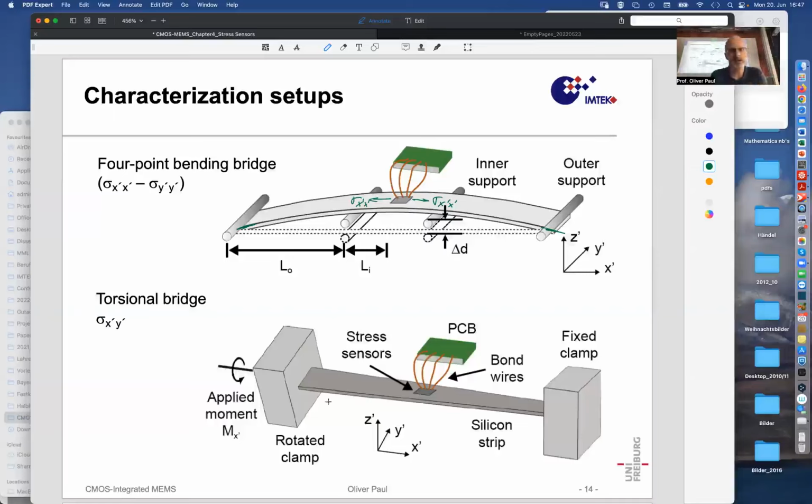So, and then there is this other instrument that is called the torsional bridge that is ideal to apply shear stress. So if you take a bar with circular cross section and you twist it, you can easily see that segments get twisted, and if you had a square drawn on the surface, it would deform into some rhomboidal shape.